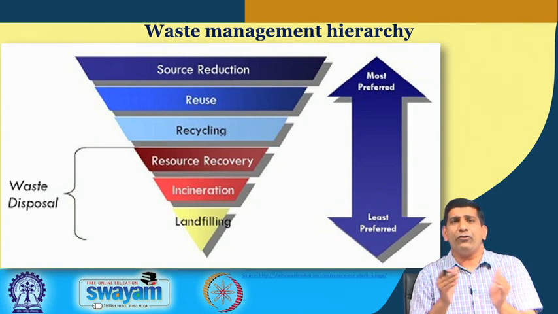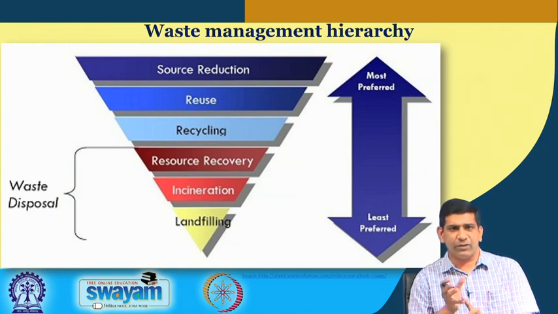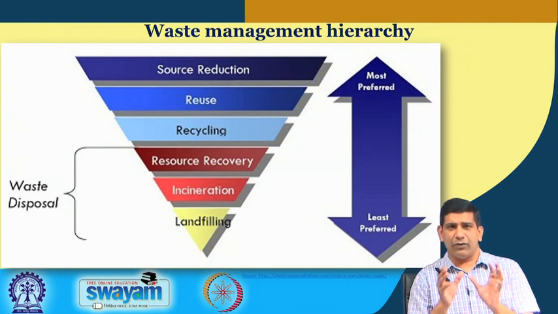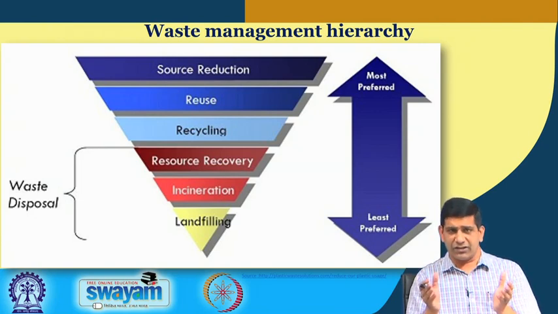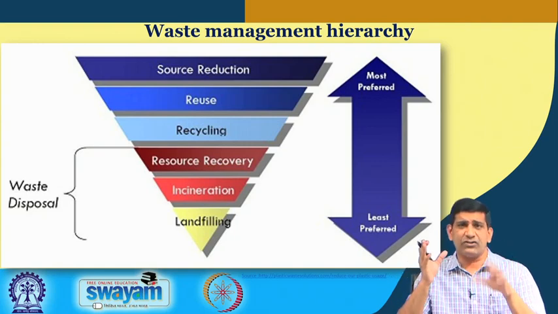Whether we are able to follow it or not is a different matter, but throughout the world, whenever you look at any waste management hierarchy, whether it is municipal solid waste, construction and demolition waste, or plastic waste, which is essentially a subset of municipal solid waste, because at most places some will come from industrial and other sources, which we also call IC and I waste, that is industrial, commercial and institutional waste.